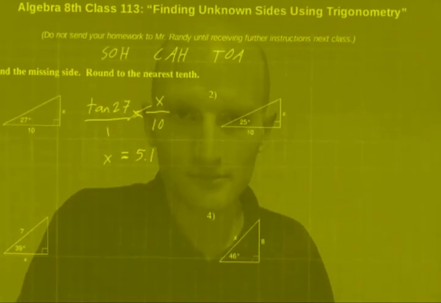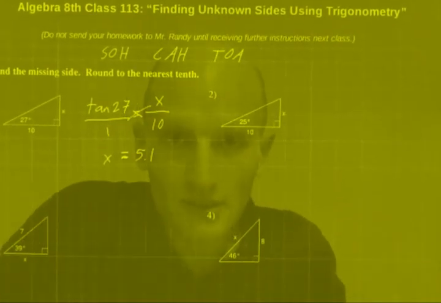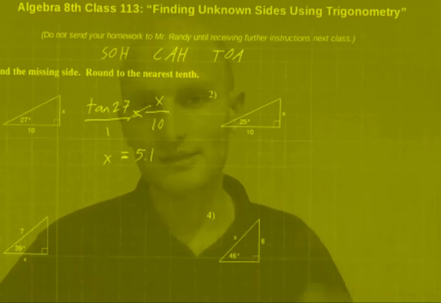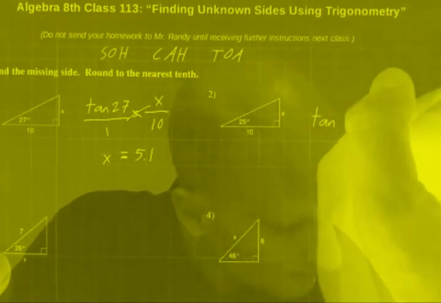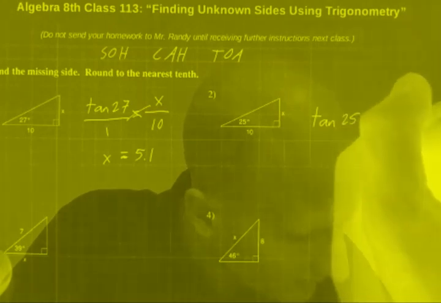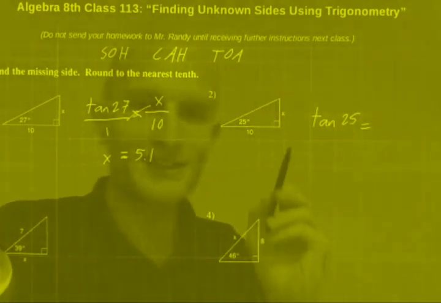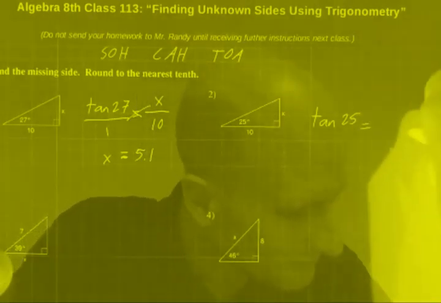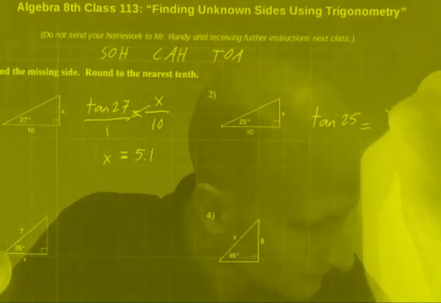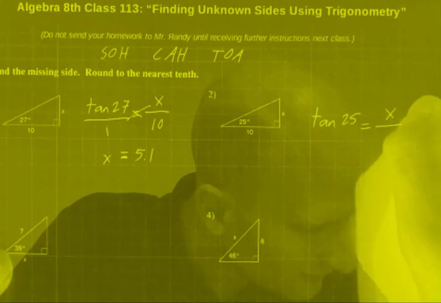Okay, number 2. We have 25 degrees, and again, opposite and adjacent, so tangent. Tangent 25. You notice I put the tangent a little bit higher. It's because I know I'm going to put it over 1. Equals opposite, x, over adjacent.